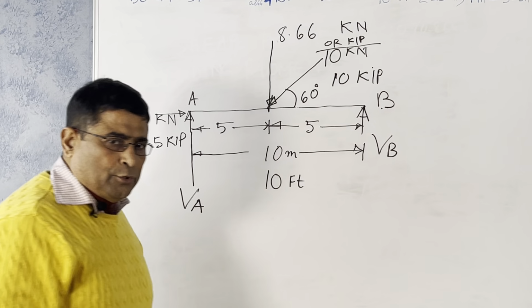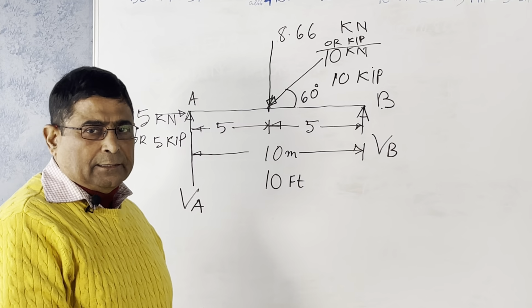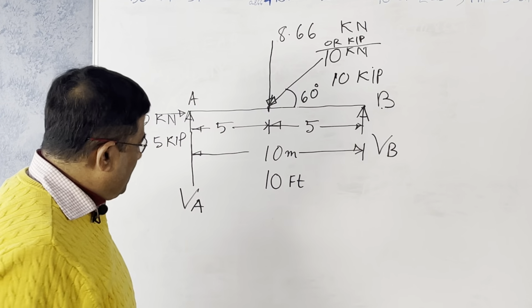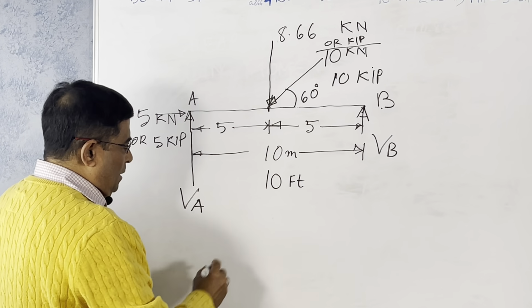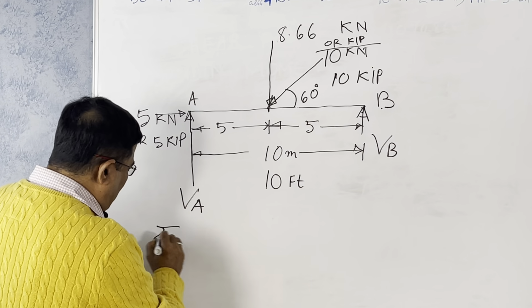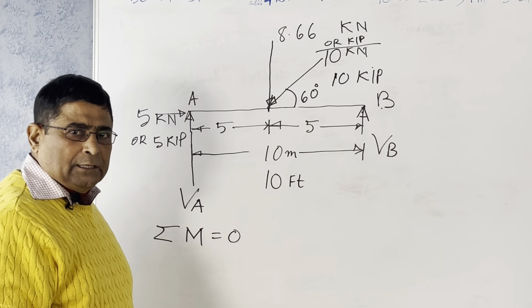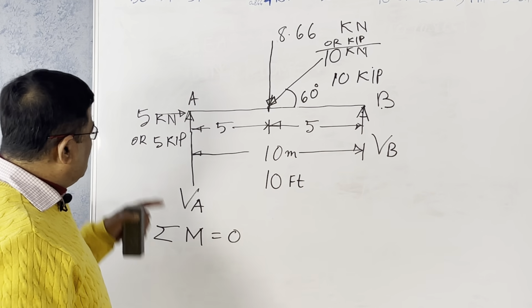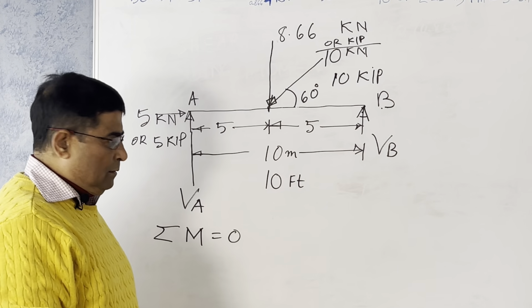The same convention, same names we use in other problems, other cases, in other videos. So the summation of moment is equal to 0. That is our second equilibrium equation. The first equilibrium equation we got already, and this second one I am using.